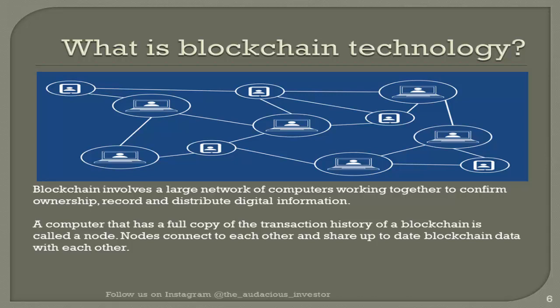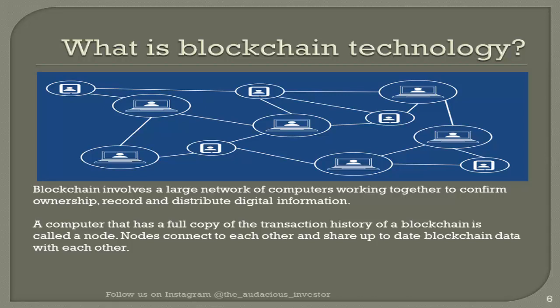So what is a node? A node is a computer that has a full copy of the blockchain's ledger. So if you have a computer and you have a full copy of that blockchain's ledger, all the transactions that have ever taken place, you have a copy of that on your computer, then you are a node.